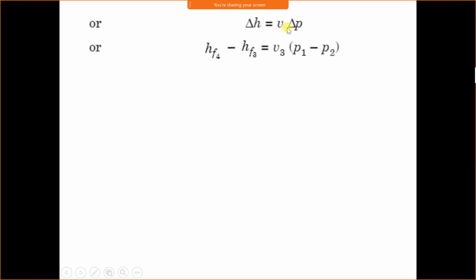Now, dH is equal to V into dP. Now, dP is a change in pressure P1 minus P2, but in this case we can write P3 minus P4, and change in enthalpy HF4 minus HF3. Why are we writing P1 minus P2? Because the pressure change takes place above the pump and below the pump.